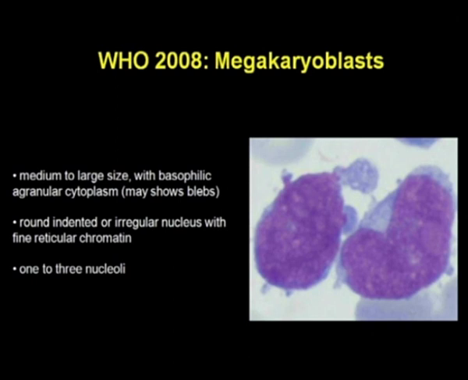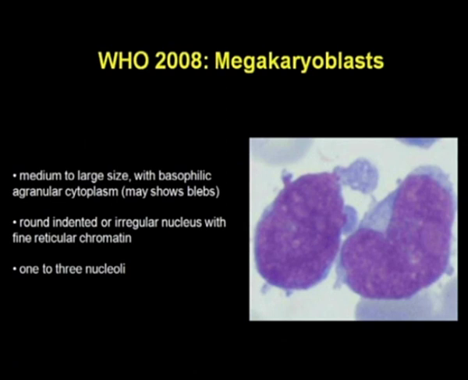From my point of view, these cells should be enumerated within the blast count, but from the microscopic identification, it's impossible to be sure that these are megakaryoblasts. So we go to the flow for the identification.